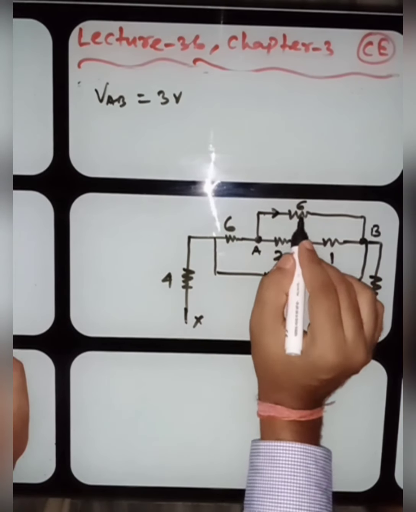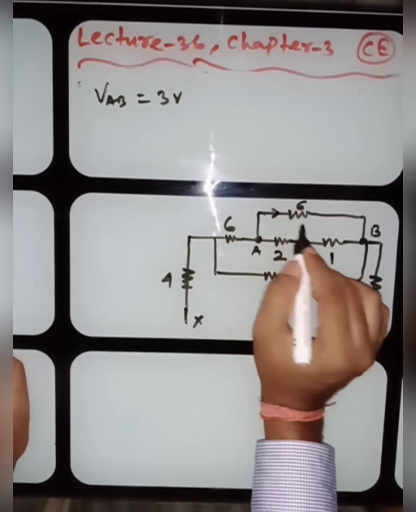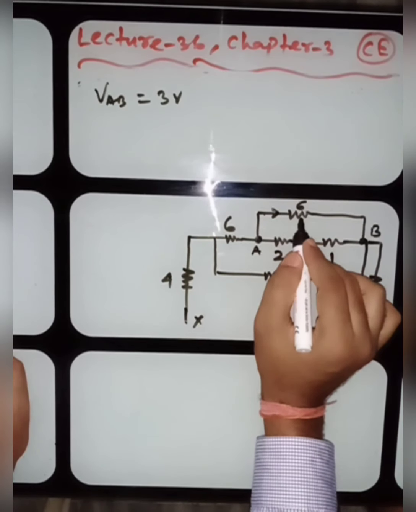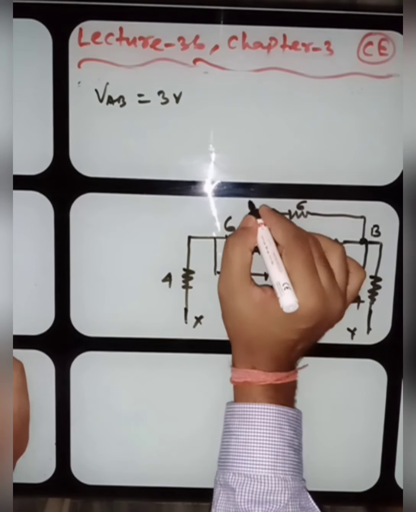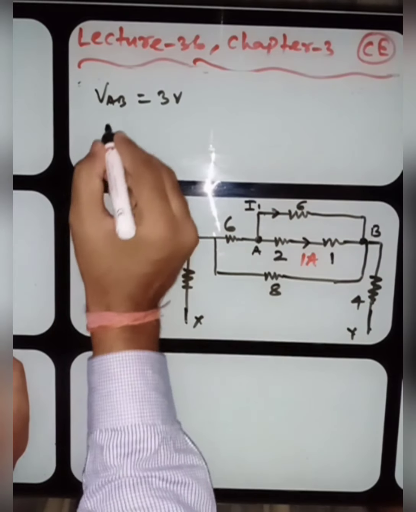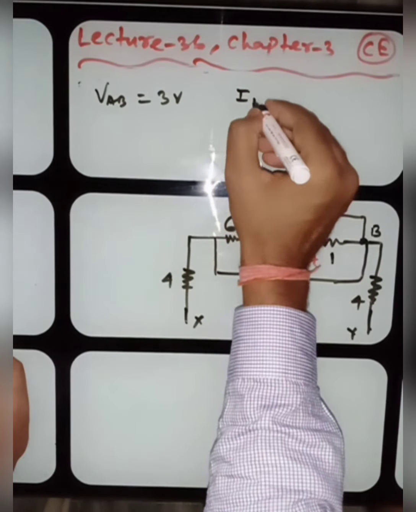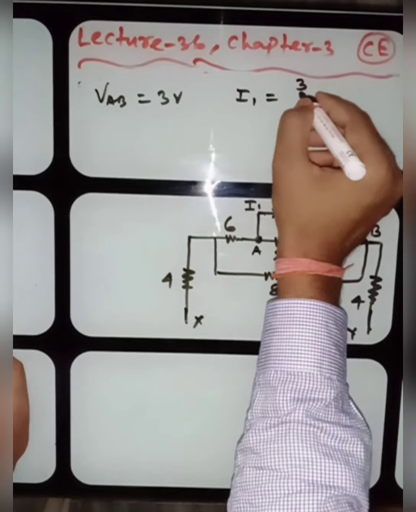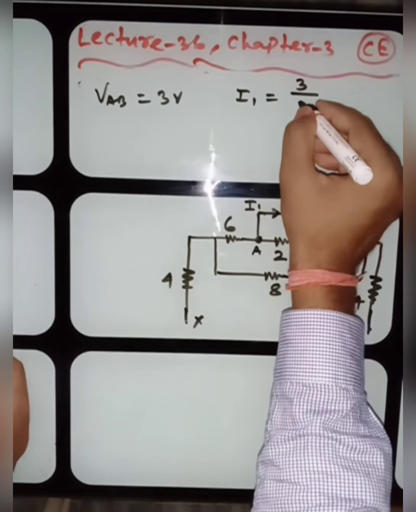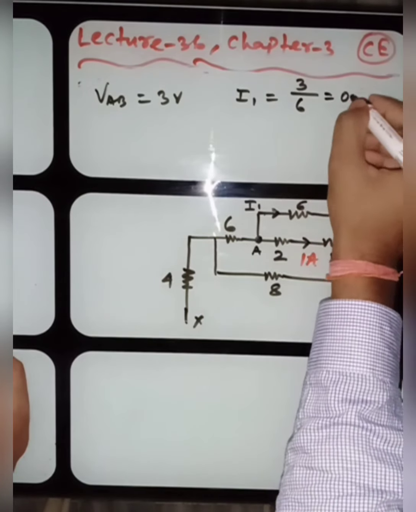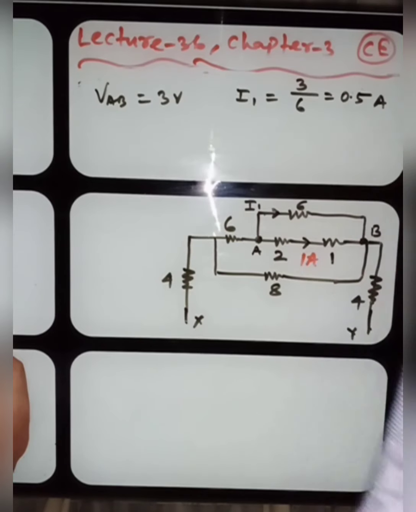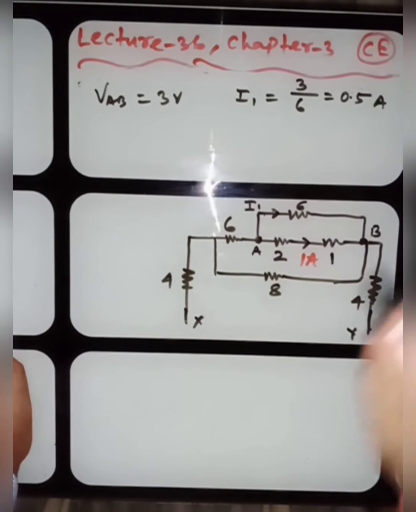If we have the potential, 3 volt, and we have the resistance, then we can find the current. Suppose this is I1. So what will be the value of I1? It is V by R, and V is 3 and R is 6. It means 0.5 ampere, 1 by 2 ampere.